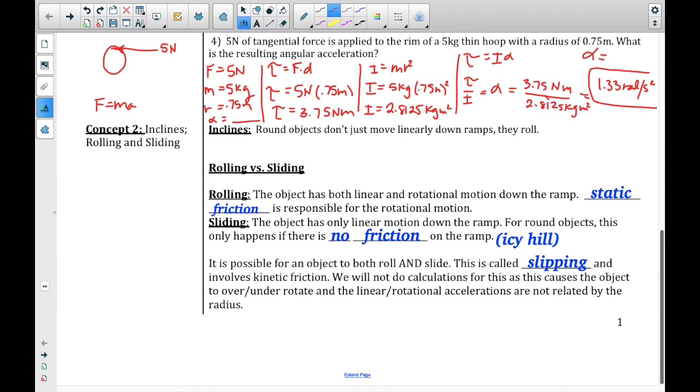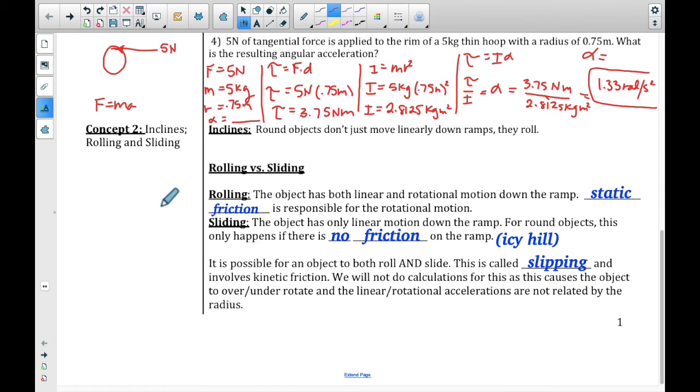Okay, let's talk a little bit about rolling versus sliding. When we talk about inclines, if the object on the incline is round, it doesn't move linearly. It doesn't slip down the ramp, it rolls. Well, what's going to cause it to roll? Why isn't it slipping? Well, the object has both linear and rotational motion down the ramp.